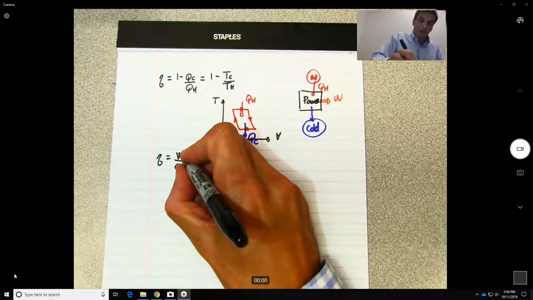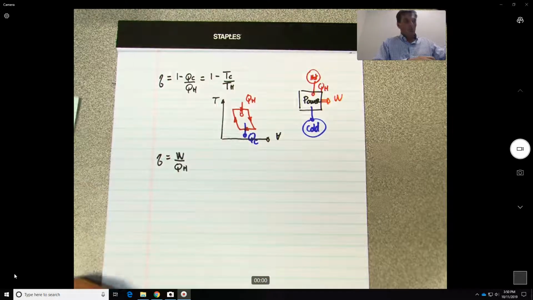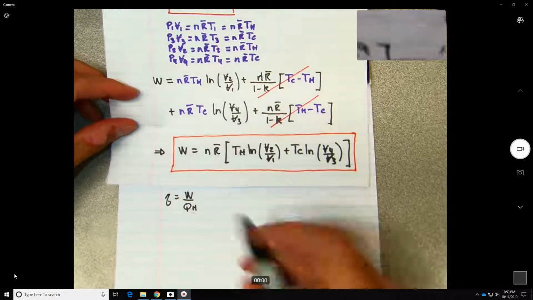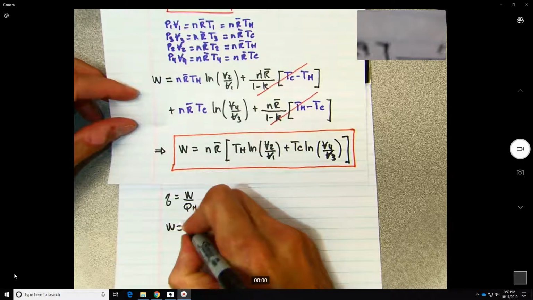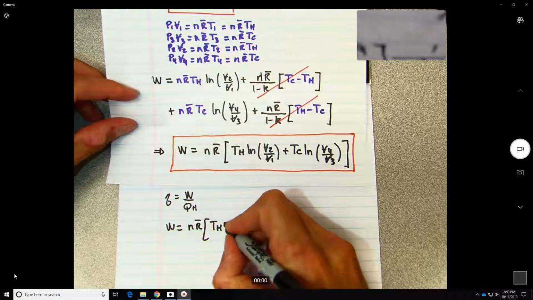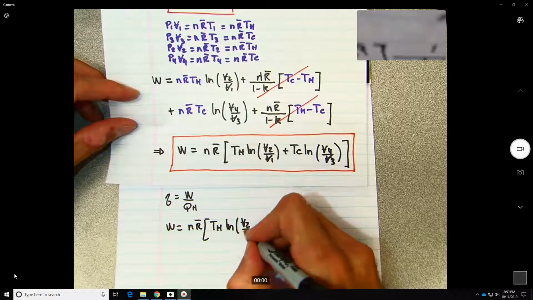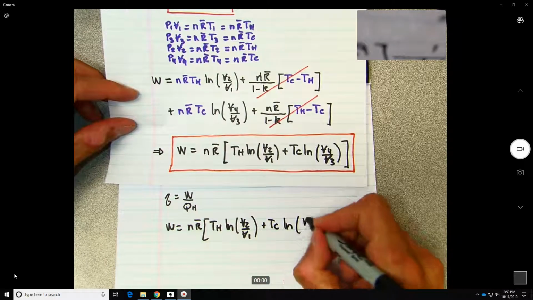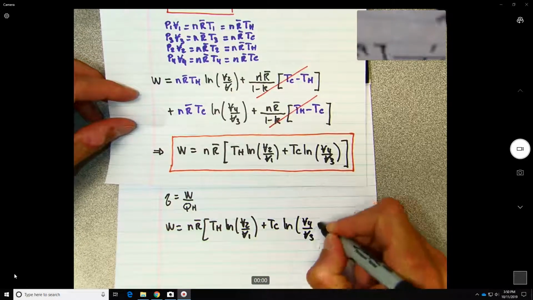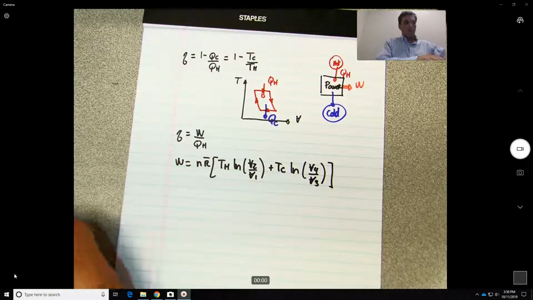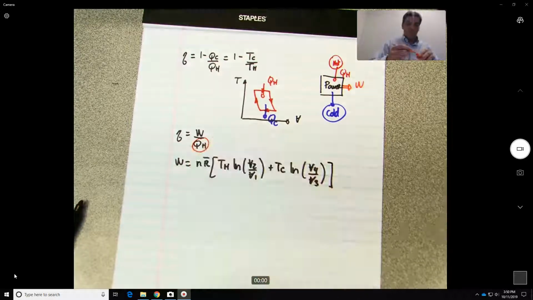So we derived the top part, the value for the work, on the last page over here, to this expression right here, where the work is equal to NR T hot log V2 over V1 plus T cold log V4 over V3. Okay, so basically now what we need to do is to find Q sub H.